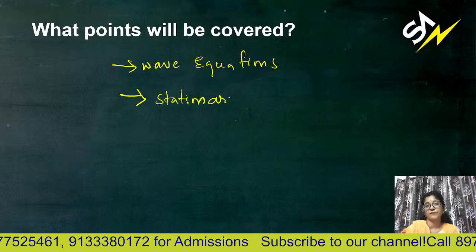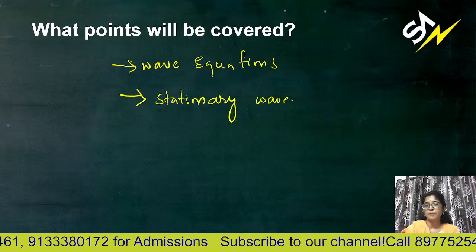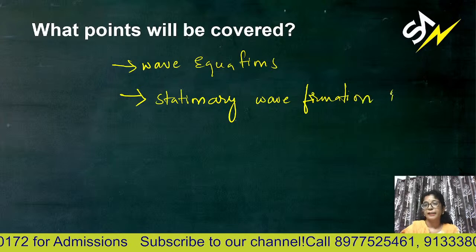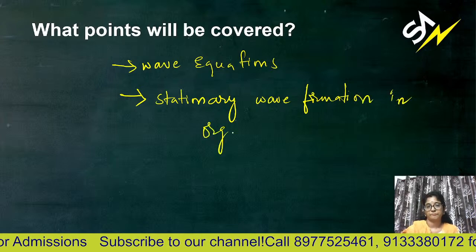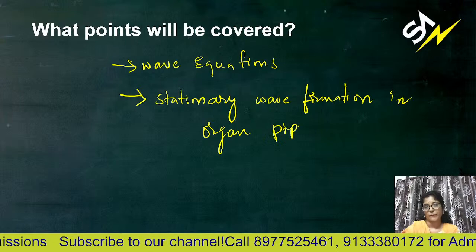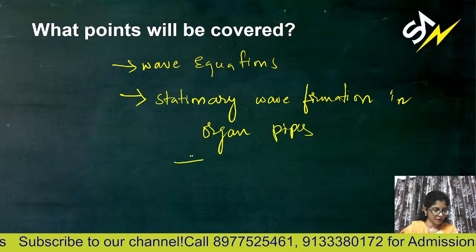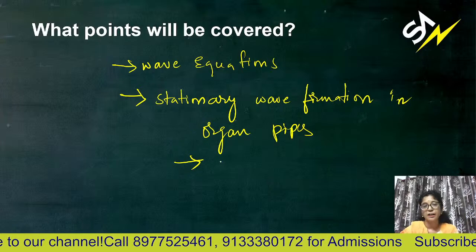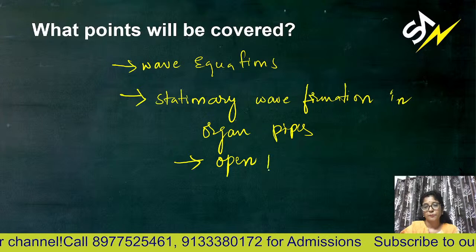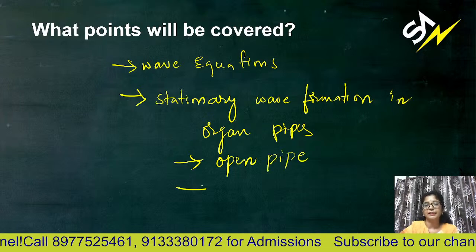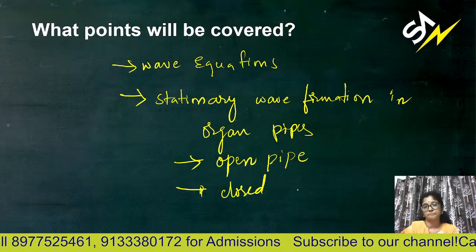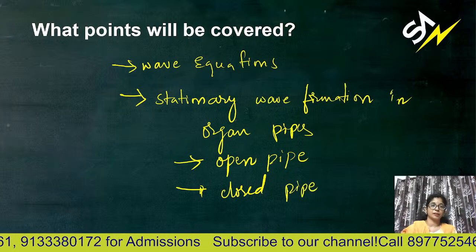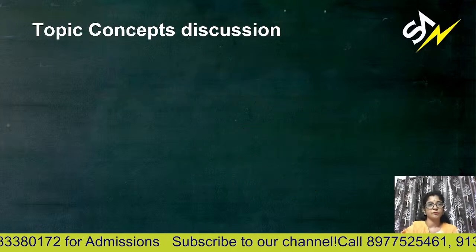Formation of stationary waves, stationary wave formation in organ pipes. Two organ pipes we have: one is the open pipe and the other one is the closed pipe. We will see that. So this is about the points which we are going to cover.